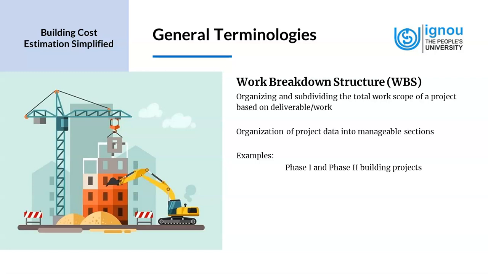Sometimes there is a huge building project and the client wants to have the base built initially, the shell of the building to be there, and then the client might want to do the interior fit out of one portion of the project and then give it out for occupancy. And while that happens, the interior work of the second phase can begin. So that might be one requirement of phase 1 and phase 2 of the same project. That's one example of how we break down the construction activity into an organized manner based on the deliverable.